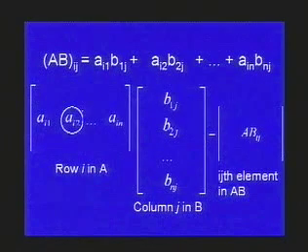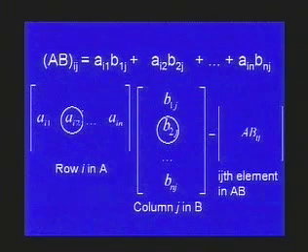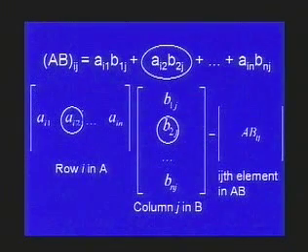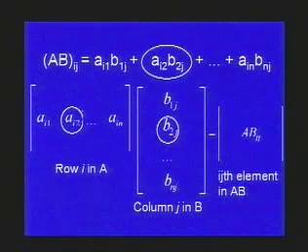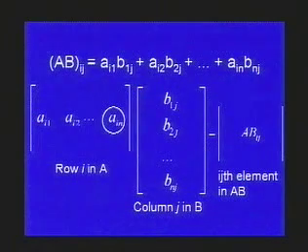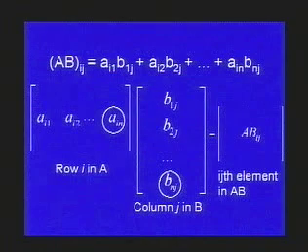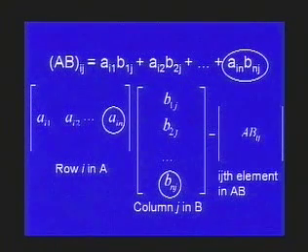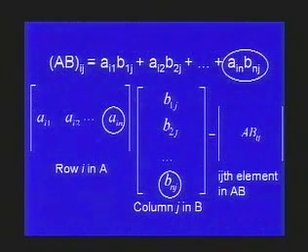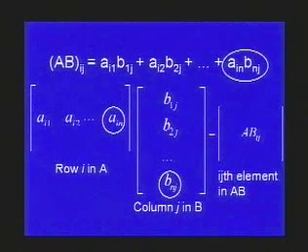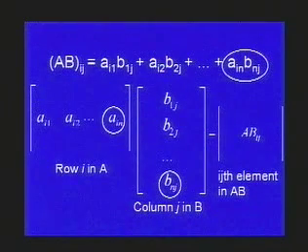Next, if we match up the second entry in row i of A by the second entry in column j of B, we get that next entry in that equation above, little a sub i2, little b sub 2j. Last, if we take the last entry in row i of A and the last entry in column j of B, we get the last entry in the ijth element of AB. So we essentially match up all of the elements in row i with all the elements in column j of B, and that gives us the ijth element of the product.